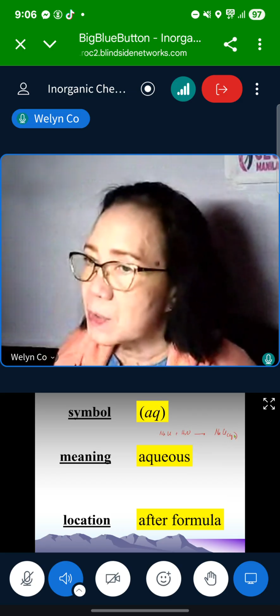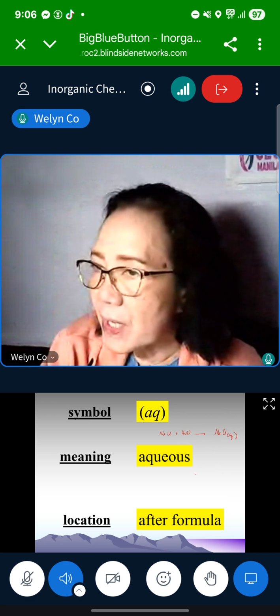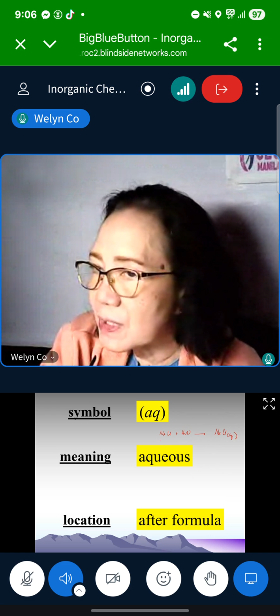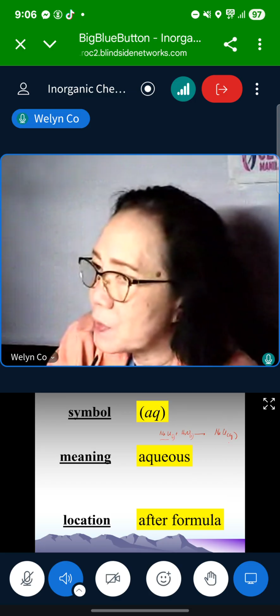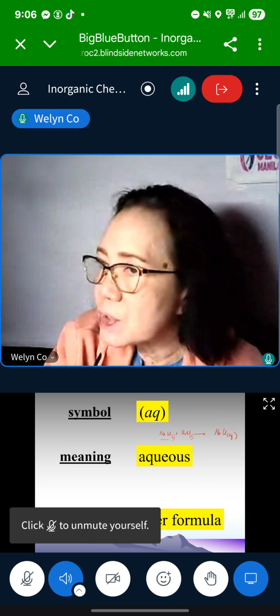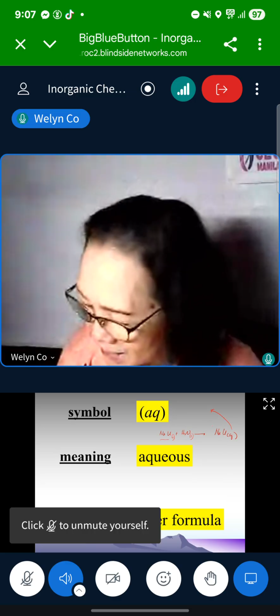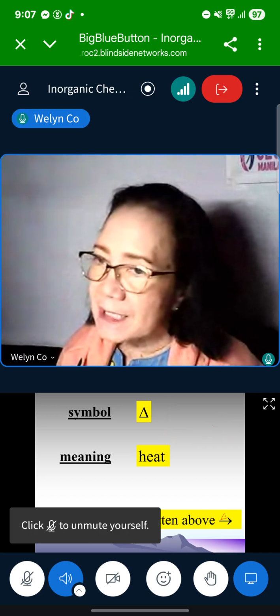AQ, that would be the aqueous solution. So you have your NaCl(aq). So you have your sodium chloride solid, okay, plus your liquid water combined together to form an aqueous solution. So aqueous solution always referring for a solvent water. Okay, your delta.